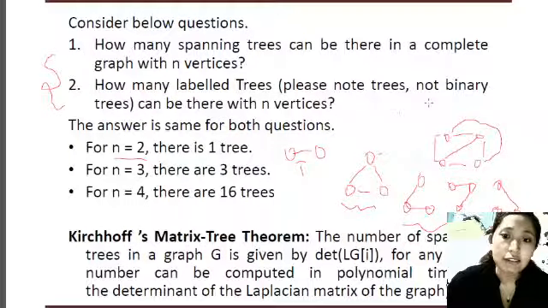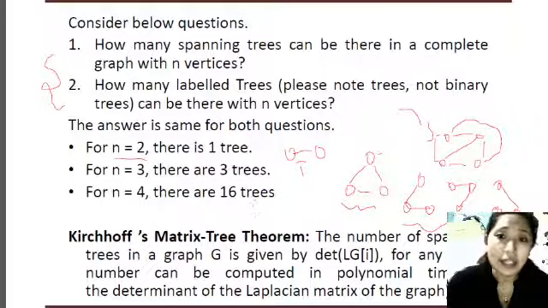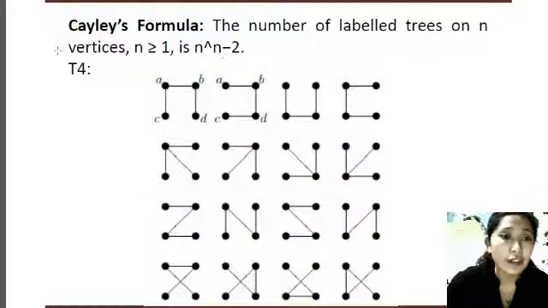Now similarly, with 4 vertices, how many spanning trees are possible? The solution is given by a very famous formula called Cayley's formula, and it says that for n number of vertices in a graph, the number of spanning trees that will be possible is n raised to power n minus 2.